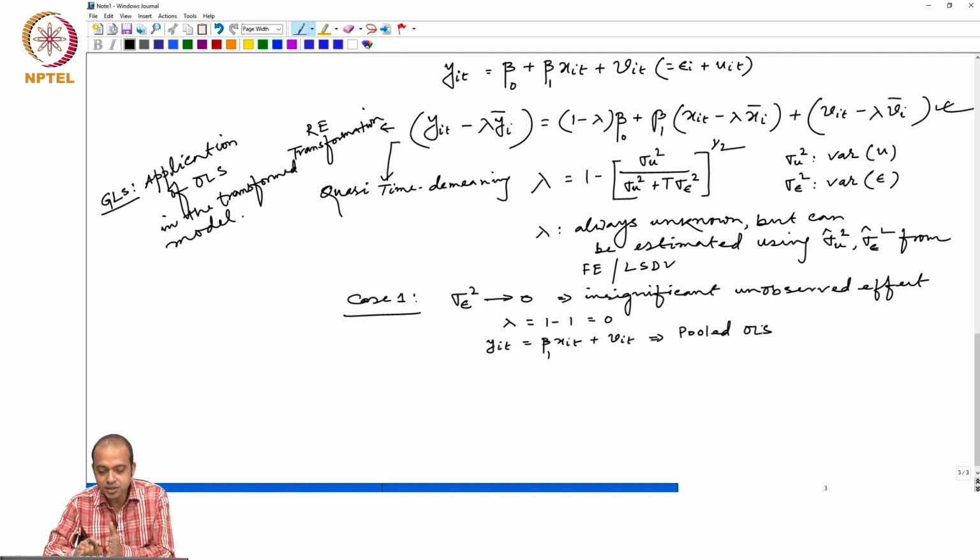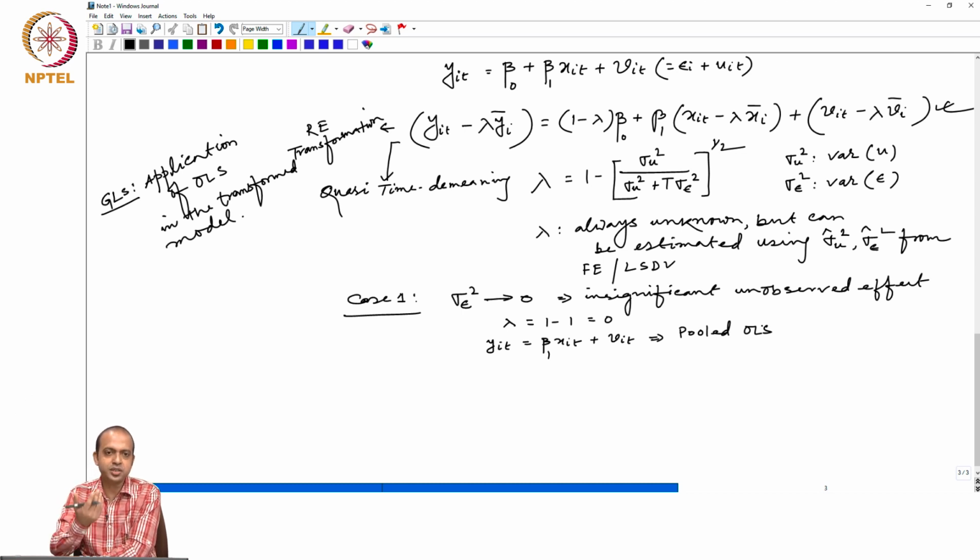What does this particular case indicate? If the unobserved heterogeneity is insignificant in our model, why should I go for the fixed effect or random effect transformation? Because the entire idea behind using them was the significant presence of the unobserved effect ai.